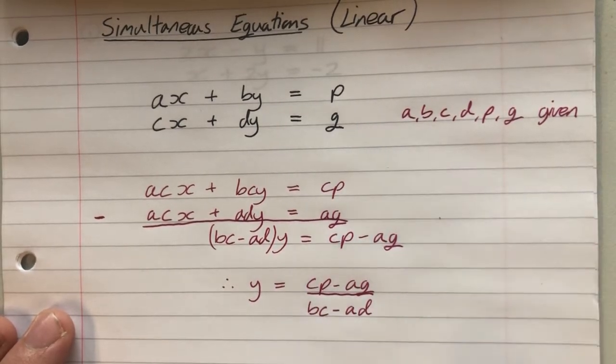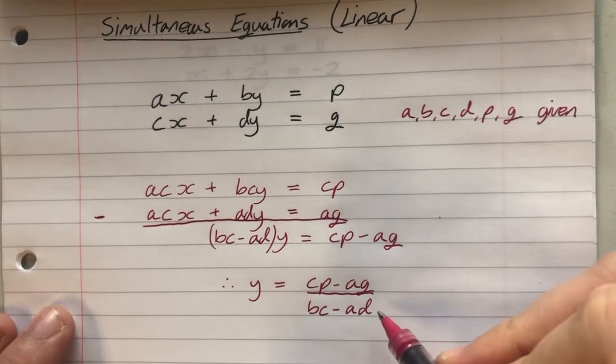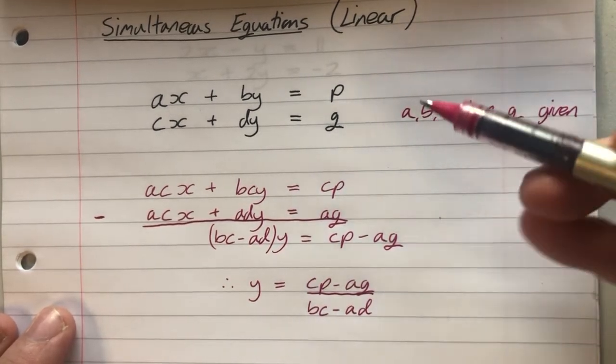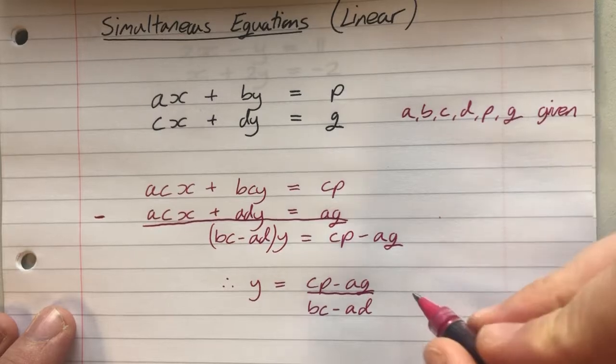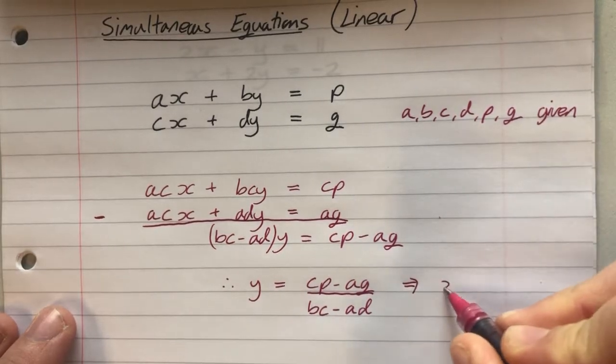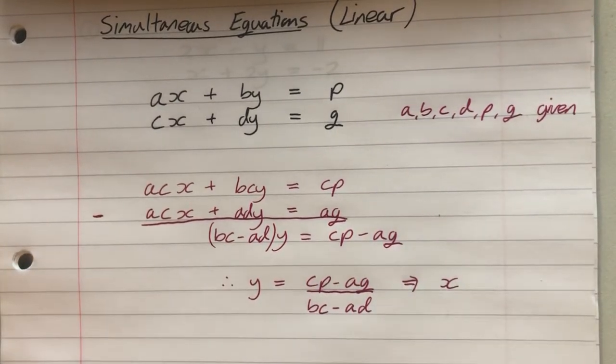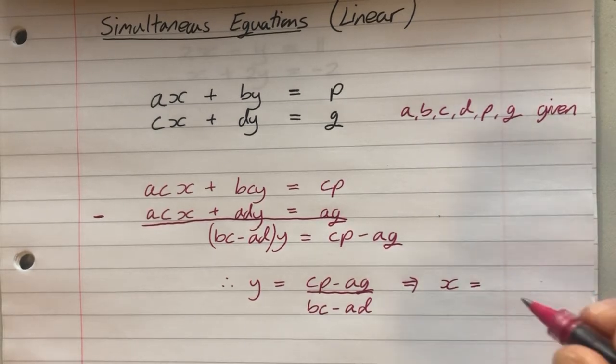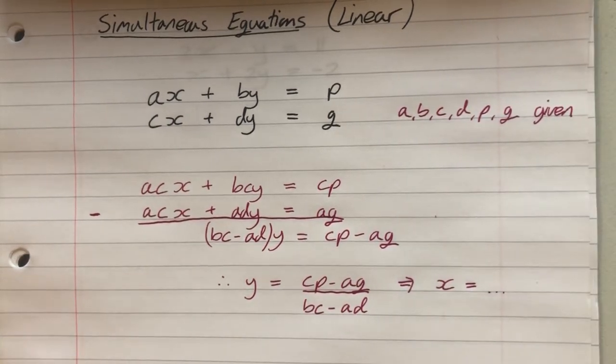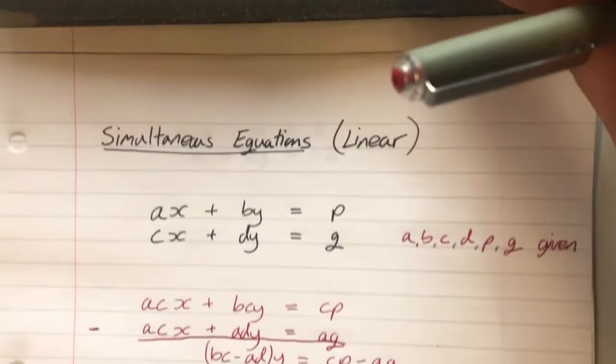When we do a numerical example in a minute, it'll be nice and easy. And then you can take that definition of y, plug it back into one of these, and that allows you to find your x, again in terms of A, B, C, D, P, and Q. So that's the general idea of solving simultaneous equations by elimination.